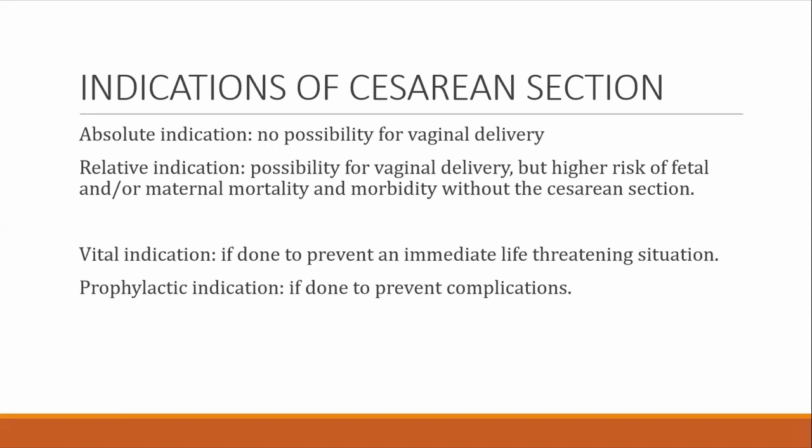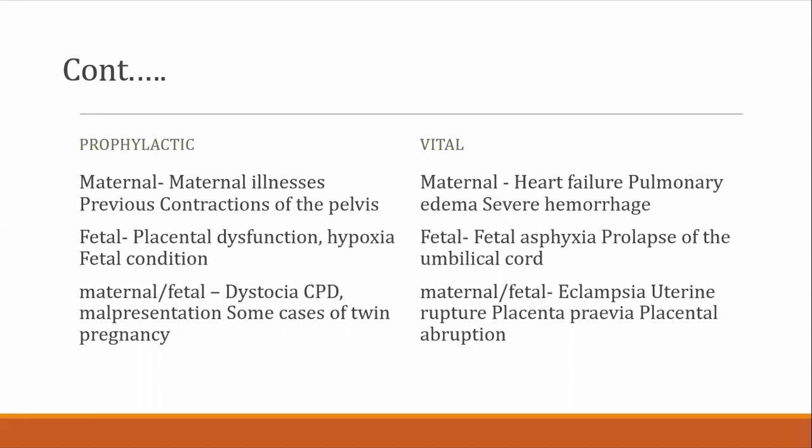We'll see examples. When we see prophylactic, it can be maternal, fetal, or both. In maternal, it can be maternal illnesses like a contracted pelvis. In a contracted pelvis, if we attempt to deliver vaginally, there might be cephalopelvic disproportion, obstructed labor, uterine rupture, up to maternal death from severe bleeding.